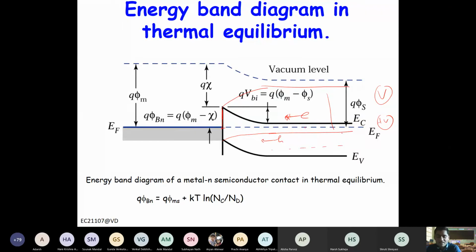Because Fermi level is basically energy, right? Energy is minus QV. So V is positive, so QV will be negative, this will go down. So Fermi level goes down and the barrier will increase, right? So plus V will be added here. It will become Q(VBI plus V).